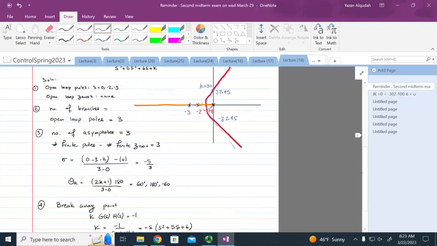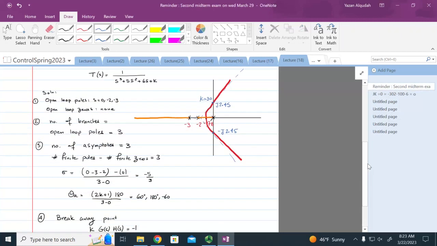And I'm going to ask you, for what value of k is the system stable? Probably people who've done the lab yesterday should answer right away. K is less than 30. Excellent. How do I know it's k less than 30?